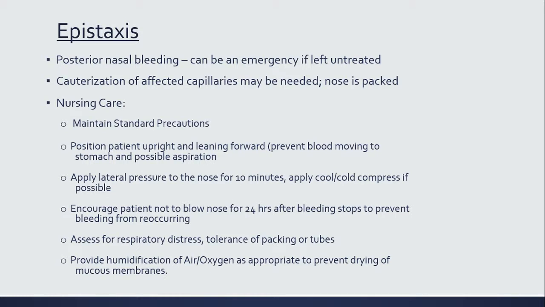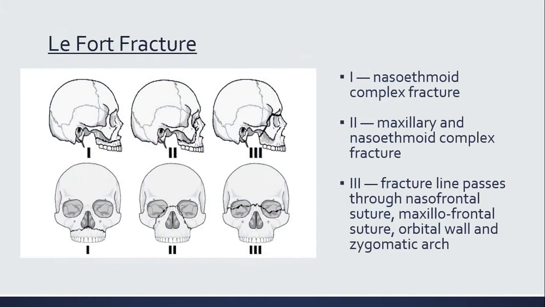You also want to anticipate the need for emergency intubation. With all of these, you need to be kind of proactive. Patient comes in with extensive damage to the upper airway structures. You need to be prepared because the intubation may be pretty soon after that. Is everybody good on those?